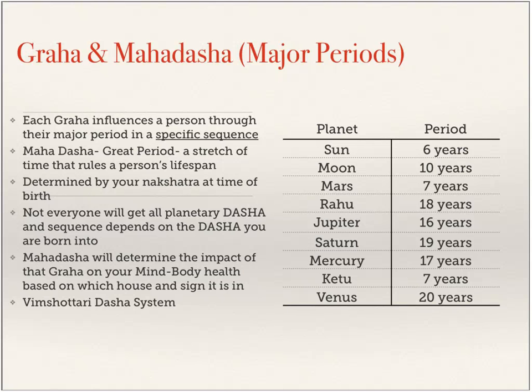So be mindful that the Mahadasha does impact your mind-body health based on where that planet is in that person's chart and in which sign that planet is in, right? And this dasha, the Mahadasha system, is based on the Vimshottari Dasha system. Again, just adding that word just as a concept to introduce.